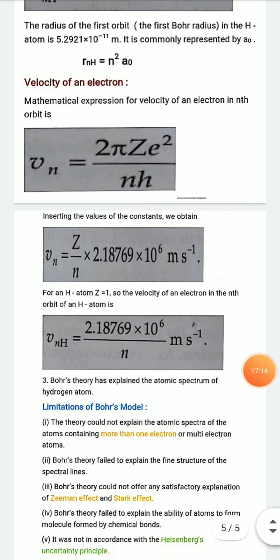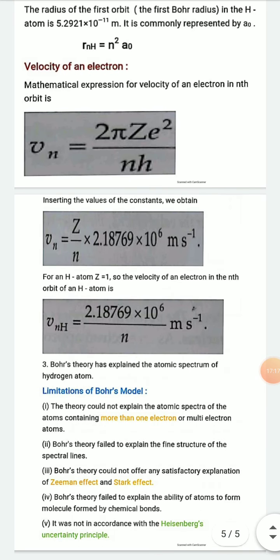Now calculation of velocity of an electron. The mathematical expression for the velocity of an electron in the nth orbit is v_n is equal to 2 pi Z e square by nh, where e is the charge of the electron, h is the Planck constant, and 2 pi, these are all constants.